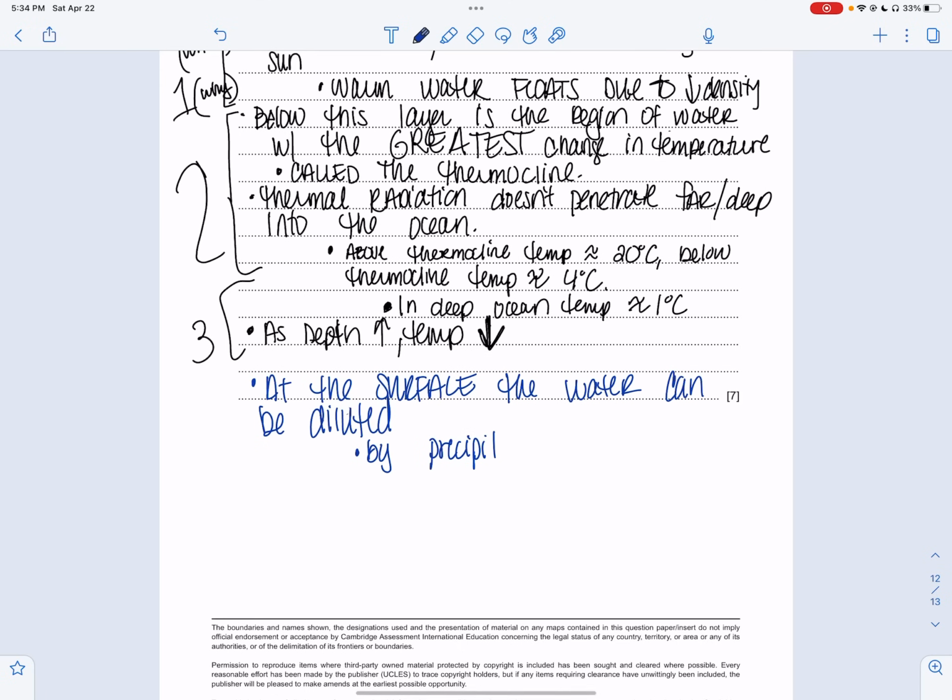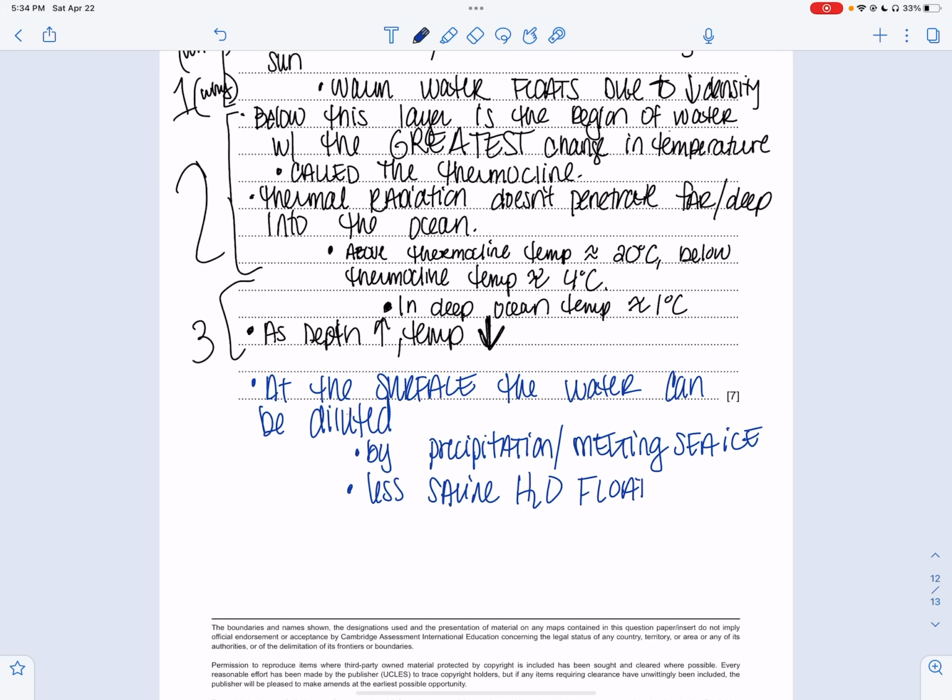By precipitation, melting sea ice, freshwater runoff, and all that jazz. Less saline water floats due to lower density. There's my surface. There's number 1.